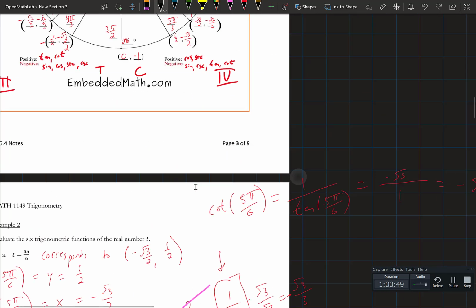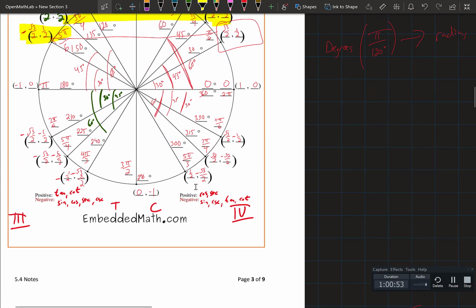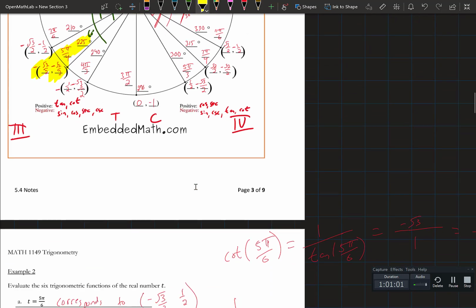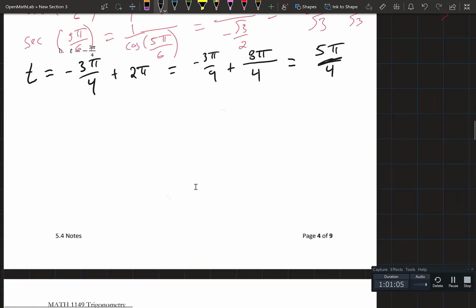So then if we look on the unit circle, we're looking for 5 pi over 4, which is here. It's equivalent to 225 degrees.